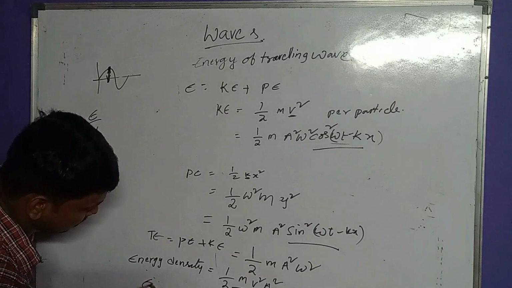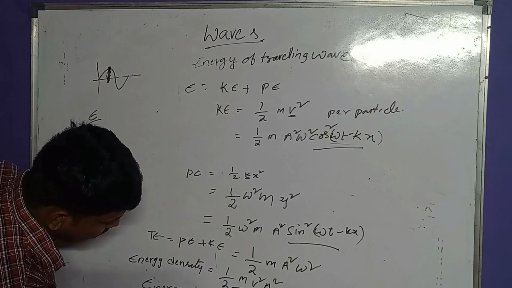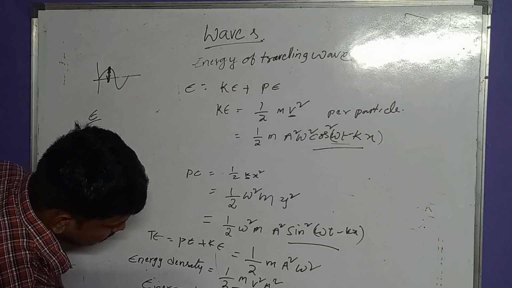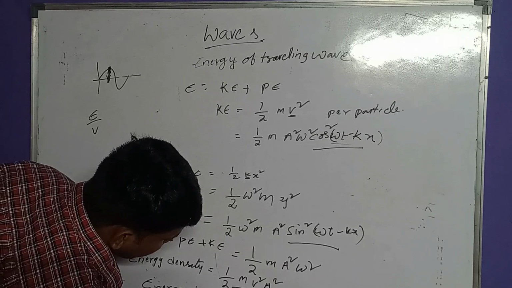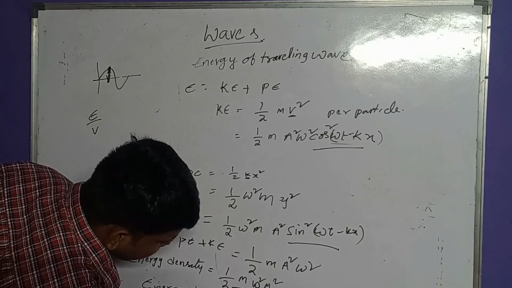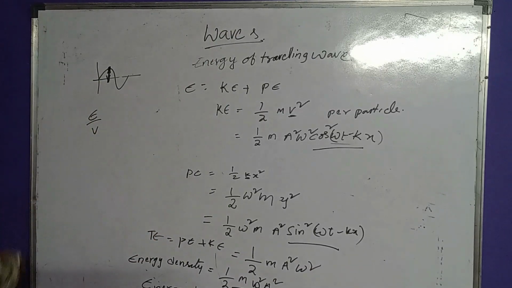So energy density is equal to half rho omega square a square. This is the energy density of the wave, right?